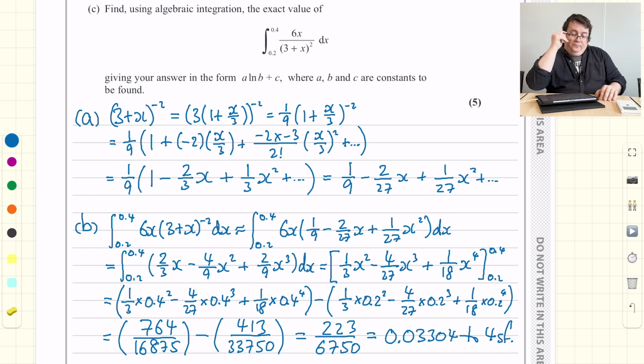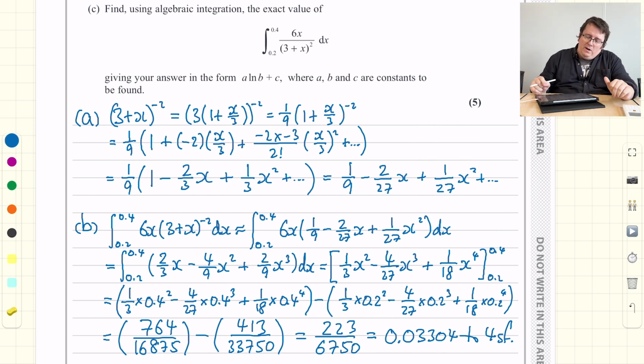Right, part C. Find, using algebraic integration, the exact value of the integral between 0.2 and 0.4 of 6x over 3 plus x squared dx, giving your answer in the form a log b plus c, where a, b and c are constants to be found.